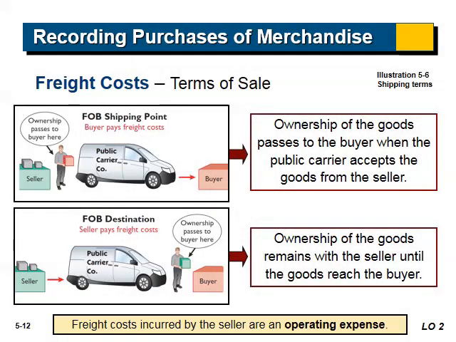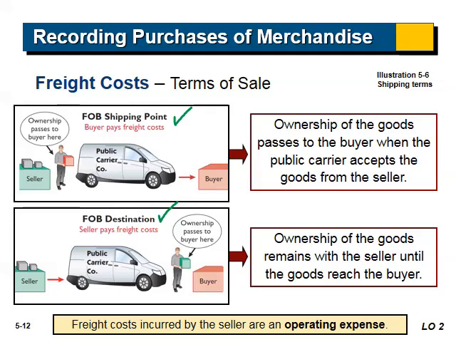What about freight? It depends on who pays the freight costs, how you record it. And we have two things that are called FOB shipping point, which you see right here, and FOB destination, which you see down here. It tells you when the title passes and who pays the freight costs.